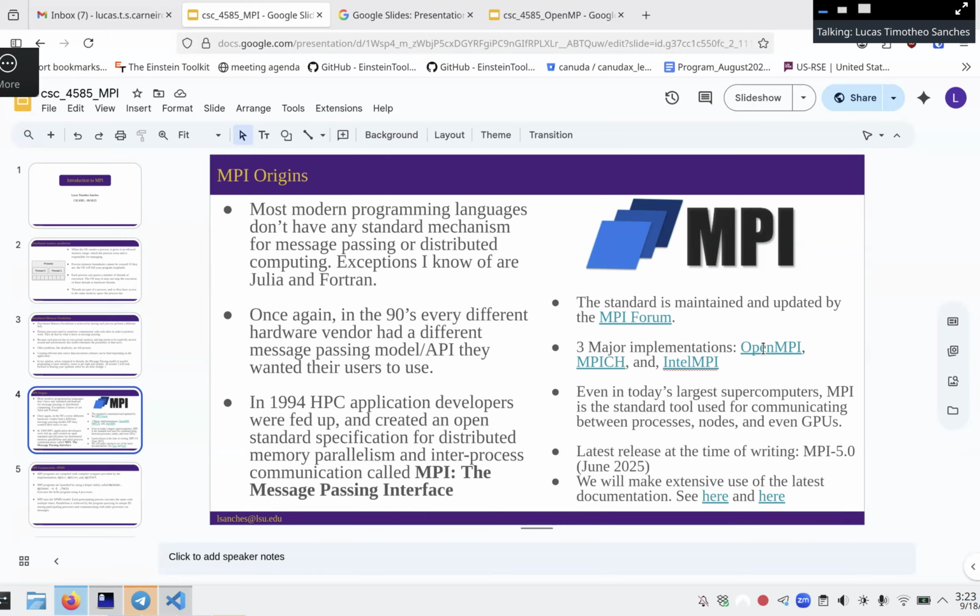OpenMPI, I'm not sure it's backed by any laboratory. And Intel MPI is backed by Intel. So when you install MPI on your machine, it's a library, and you're going to be installing one of these three different implementations of MPI. And you're going to be using that runtime library to do your parallelism.